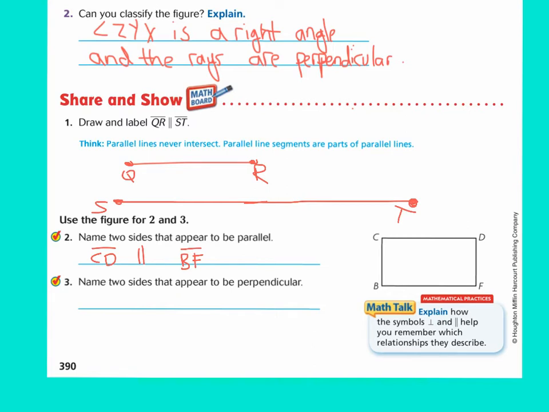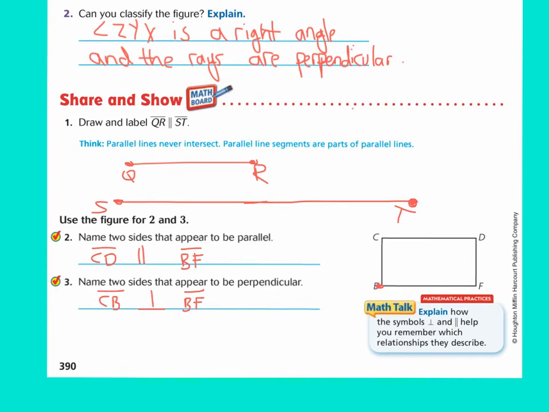Line segment CB is perpendicular to line segment BF, and they meet right here at that little corner of point B.